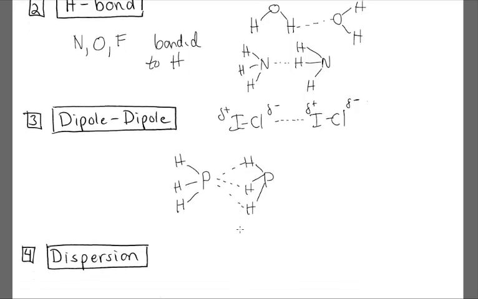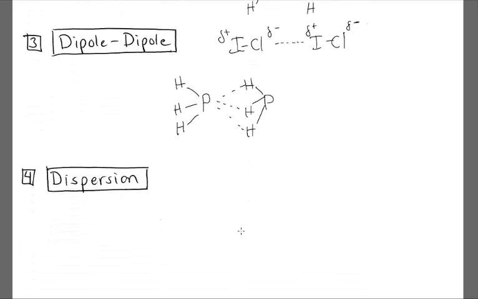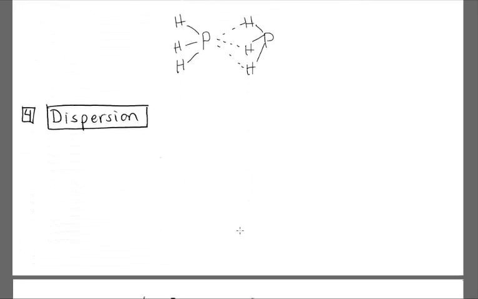All right, then the fourth type is called dispersion. And that will occur even if there's no dipole whatsoever. If there's no polarity in the molecule, you can still have attraction. And why does that happen? Let's look at F2. Okay, even though there's no dipole there, the electron density is equally shared between the two of them. If there's another F2 nearby, like in a liquid state, you would still temporarily find the electron density can vary.